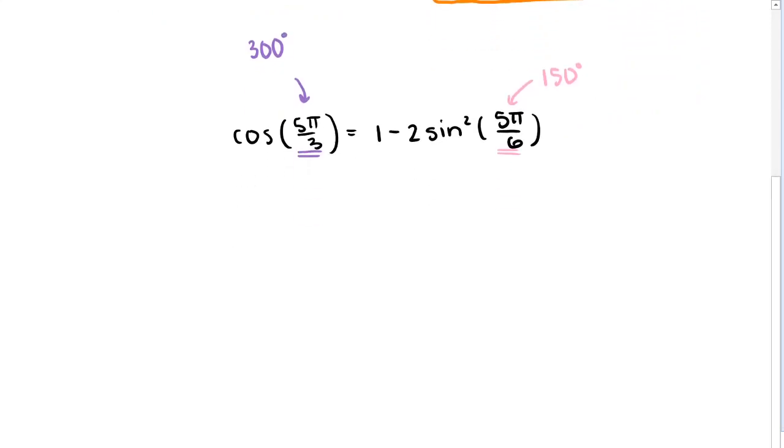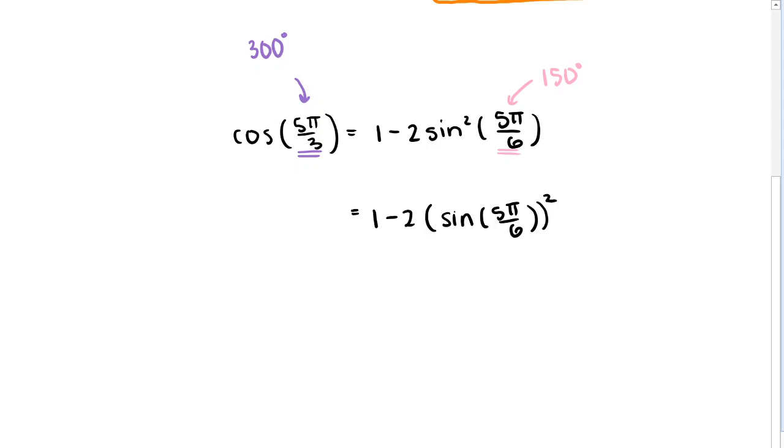And so let's evaluate this right-hand side. So we get 1 minus 2 times sine squared of 5 pi over 6, which is equivalent to evaluating sine of 5 pi over 6 first, and then squaring this result.